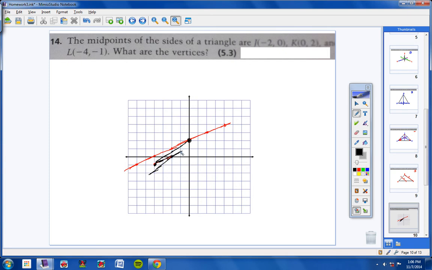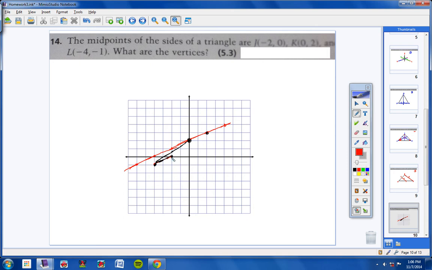Go through the third point and be parallel to that mid-segment. Here's what I'm going to do. I'm going to find the slope of this mid-segment. I went over 4 and up 3: 1, 2, 3. So from this point, I'll go over 4 and up 3. And look at that, it hits right here. Now I know the third side of my triangle.